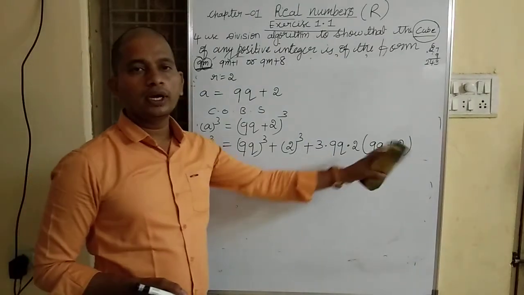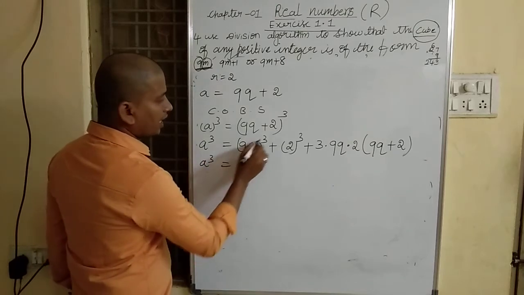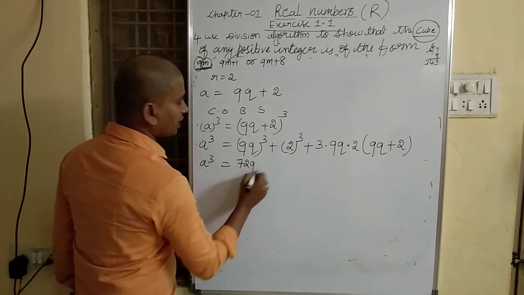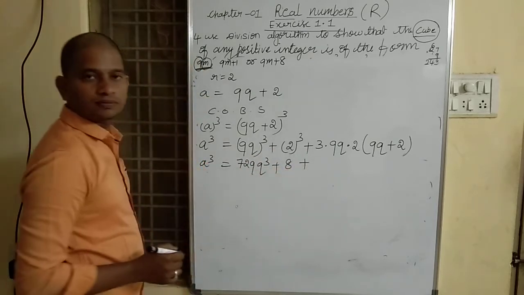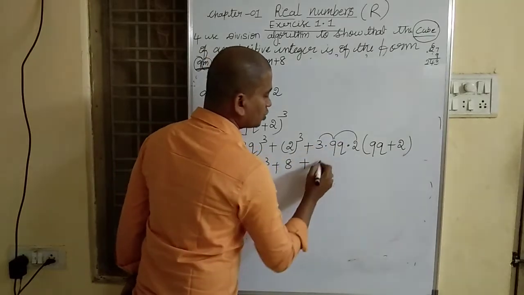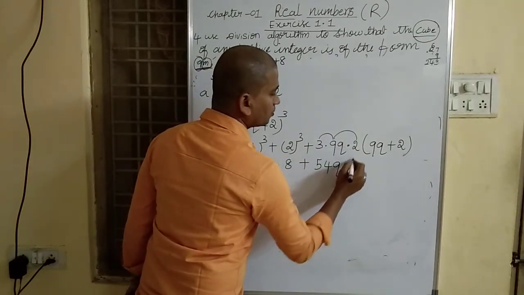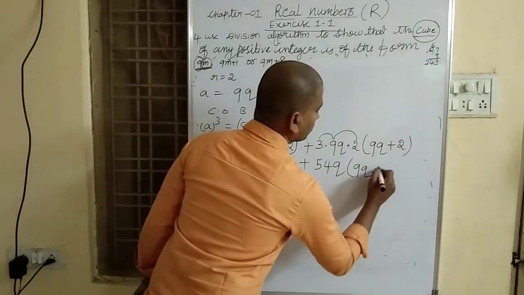Okay, so a cube equal to 9 cube, which is 729 q cube, plus 2 cube, 8, plus 3 nines are 27, 27 twos are 54 q into 9q plus 2.